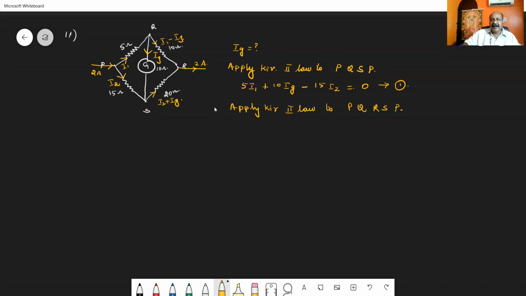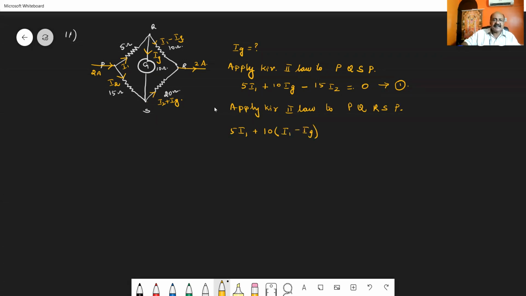If I am taking P, Q, R, S, P, then in PQ, I have to consider 5I1 plus, because in QR the direction of the current and the path are the same, the resistance is 10 ohm, current is I1 minus Ig.